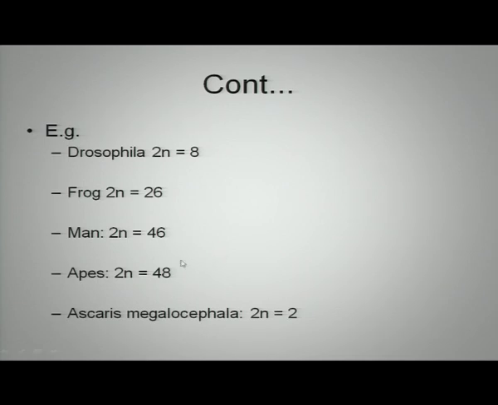Good. Then coming to apes, 2n is equal to 48. There is an organism, Ascaris megalocephala, where the 2n number goes to 2. So, in each and every organism the chromosome number is specific.